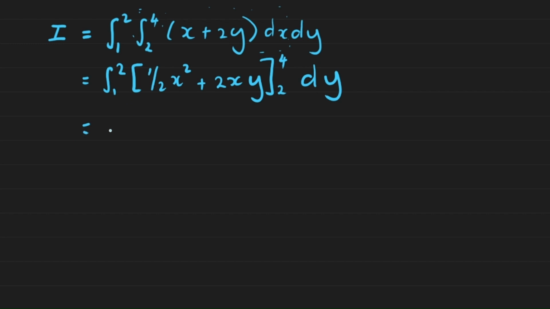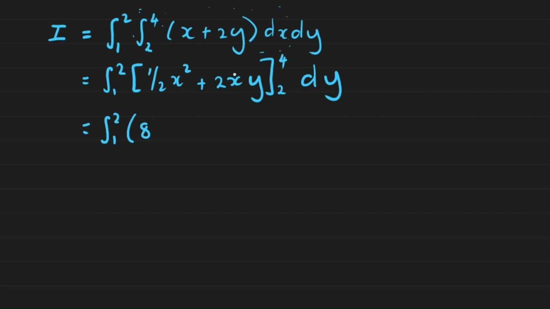We now evaluate this integral as we've done in all previous cases. We would just substitute in 4 and then minus, then after substituting in 2. So doing that, we leave the outer integral as is for now, and then we substitute in 4. So 4 squared is 16, and 16 divided by 2 is 8.